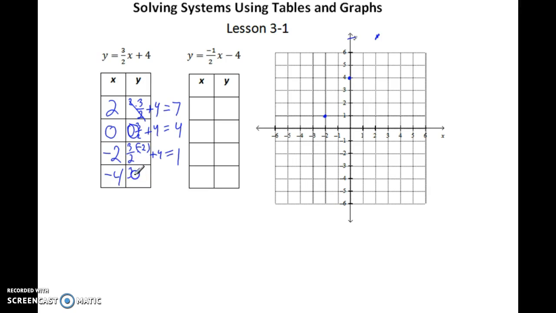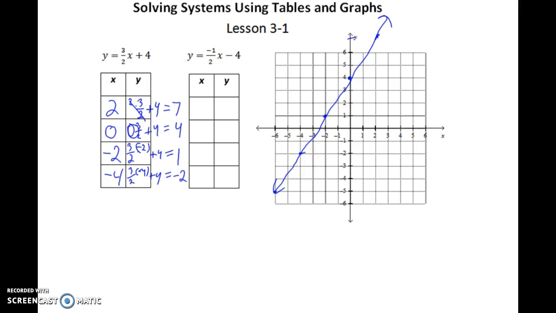And this would be 3 halves times -4 plus 4. So that's going to cancel. I'll give you -2 times 3 is -6 plus 4 is -2. So -4, -2 is right there. And you can see these points, they all have the same slope. You can probably plot a few more. Plot that line. Pretty good.